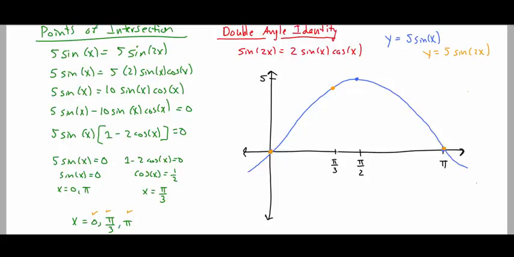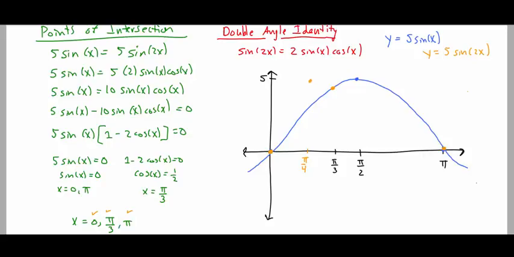So let's go ahead and pick a point, let's do pi over 4. So pi over 4 would be halfway here. If I do the sine of 2 pi over 4, that is the same as pi over 2. The sine of pi over 2 is 1. 1 times 5 is 5. So at this point, this graph is clear up here.